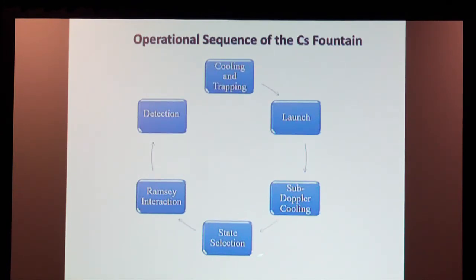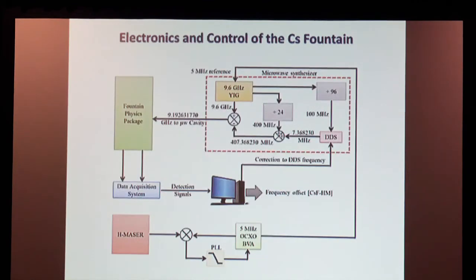And then we also do state selection in the way that I just described a little while ago. And then the atoms go through the microwave cavity twice, on the way up and then on the way down. And after that, they would have made a transition, which is detected by fluorescence. So that's the operational sequence.